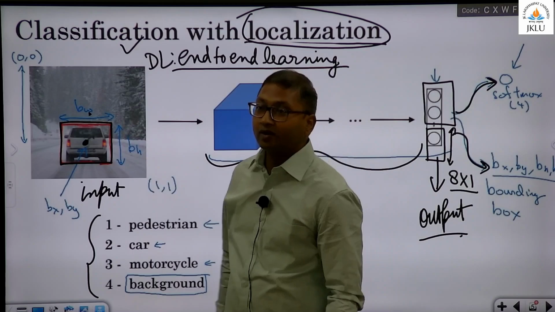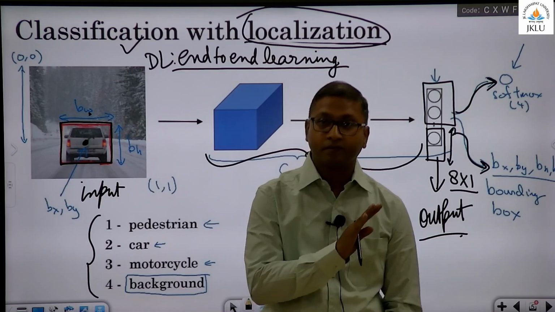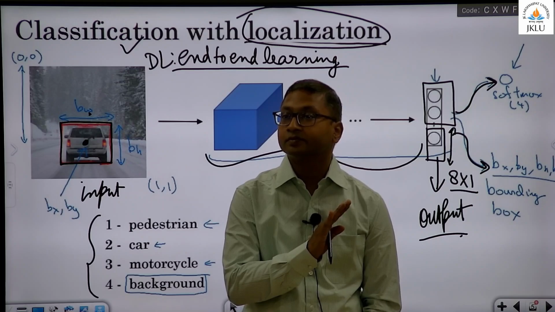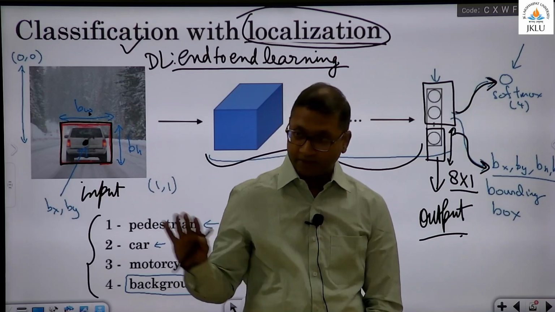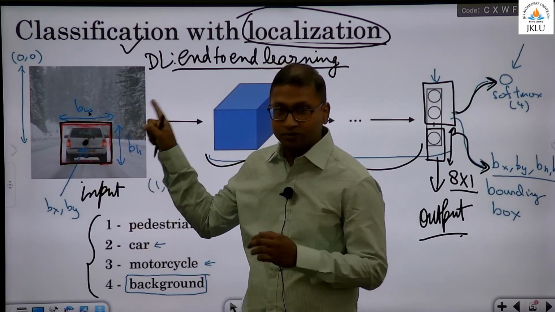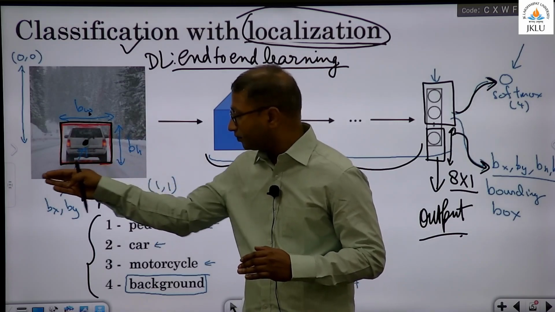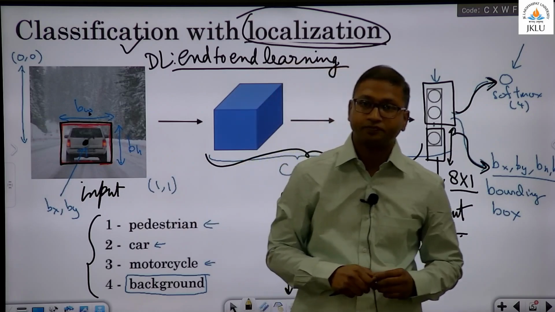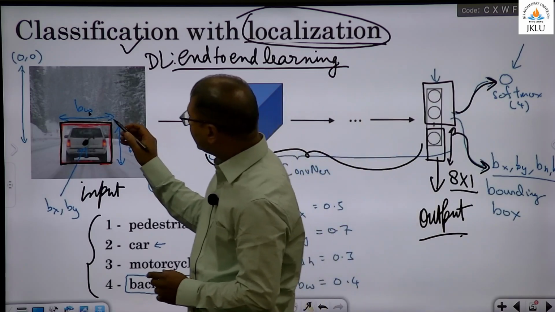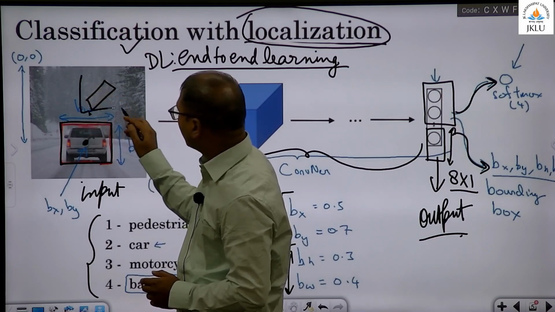Can the box be tilted or not? You answer. So we are not doing that right now. Okay, our box will be just as it is. So this line will be parallel to this line and so on. If the car is tilted, let's say if the car is like this, you would still make a bounding box like this.